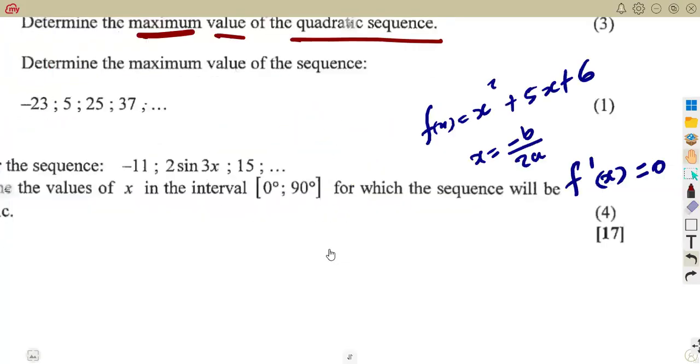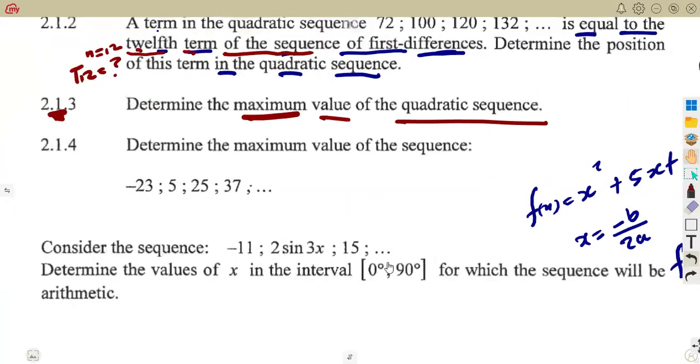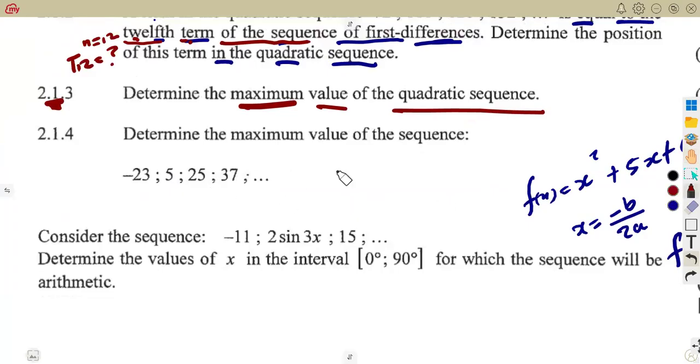Considering the other part, we are given this sequence. Determine the maximum value of the sequence: minus 23, 5, 25, 37.